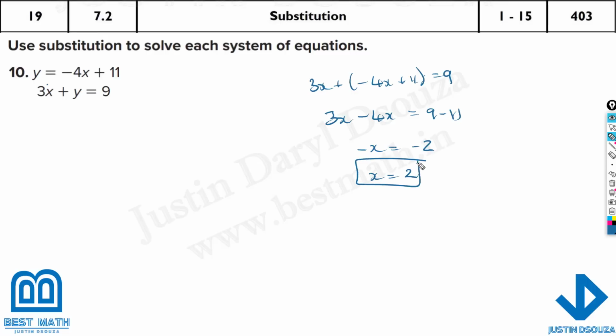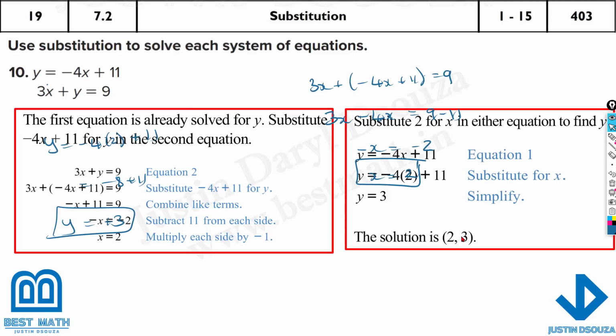You can just find the x value by cancelling the signs on both sides. Now this x value can be substituted in any of these equations. I'll put it in the first equation because it's easier to solve. And over here it will be minus 8 plus 11. That is equal to positive 3. So y is equal to positive 3 and it's (2, 3). That's it.